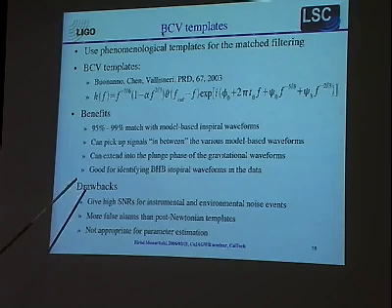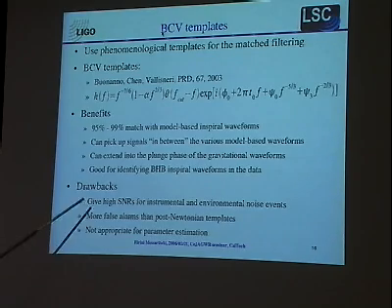The other benefit is that they can extend a little bit into the merger phase, into the plunge phase. So that gives us higher sensitivity because we can catch a greater amount of energy than we would with just the in-spiral. So they're very good for identifying black hole binary in-spiral waveforms in the data.